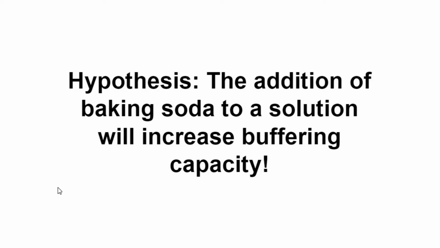So our hypothesis that we will be working with today is that the addition of baking soda to a solution will increase the buffering capacity, which is what we talked about with the graph of the buffering capacity.